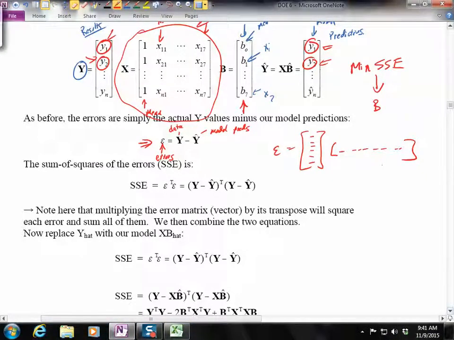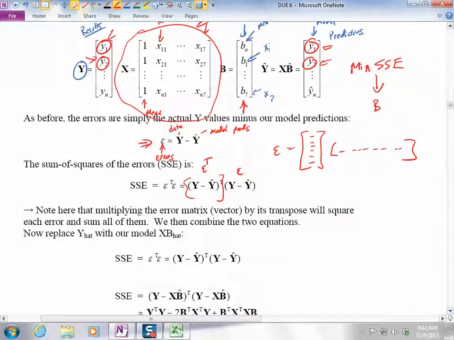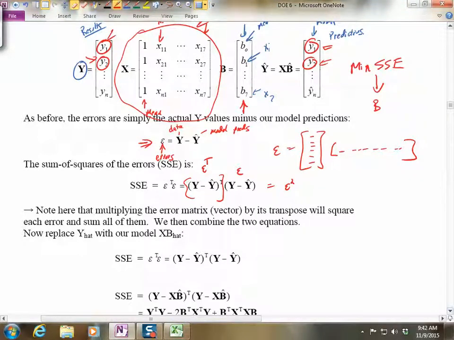So that's what this is saying: I'm going to transpose the error and multiply it together. We just have to be careful. We're going to do the exact same thing, but we have to be careful with the dimensionality of the matrices, the order we do it, and how we do it. So that is just squaring, if you will, the errors and adding them up.